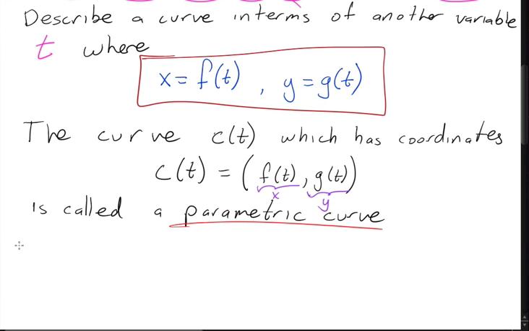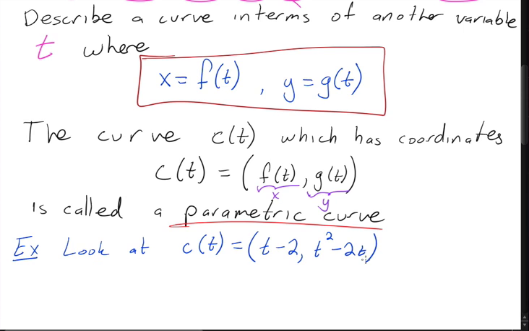So let's start off with a simple example. Let's say you want to look at the curve given by t minus 2 and t squared minus 2t. So this curve has x values given by t minus 2, and y values given by t squared minus 2t.